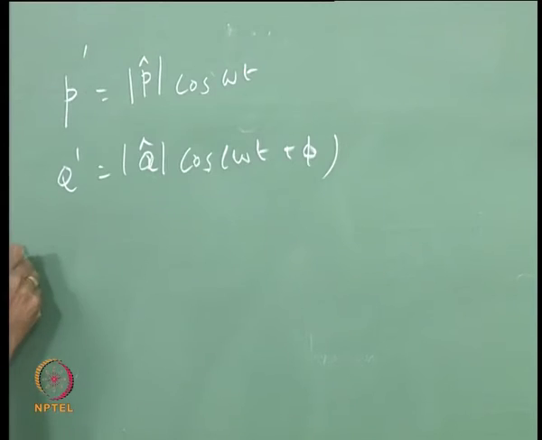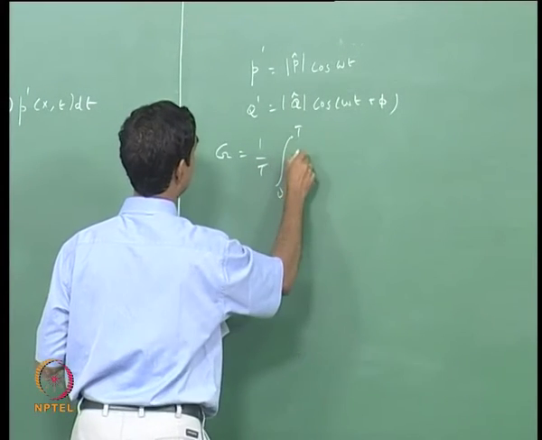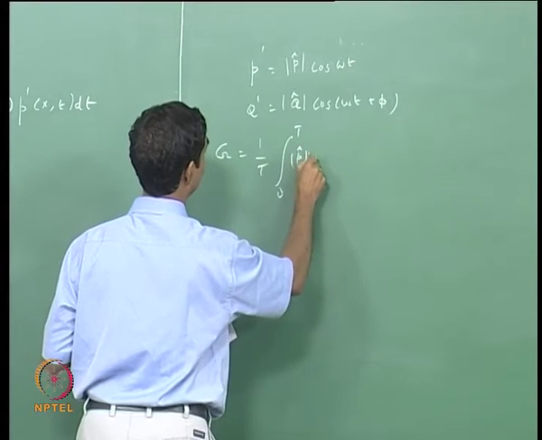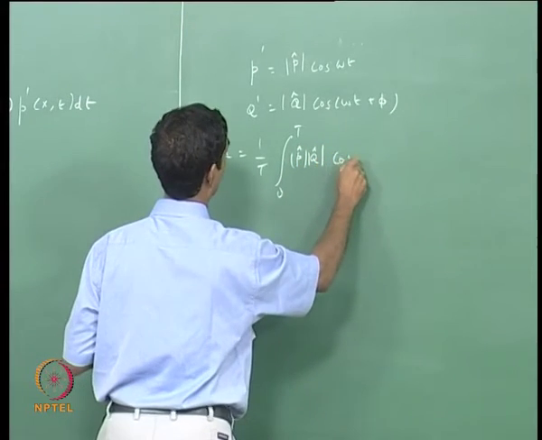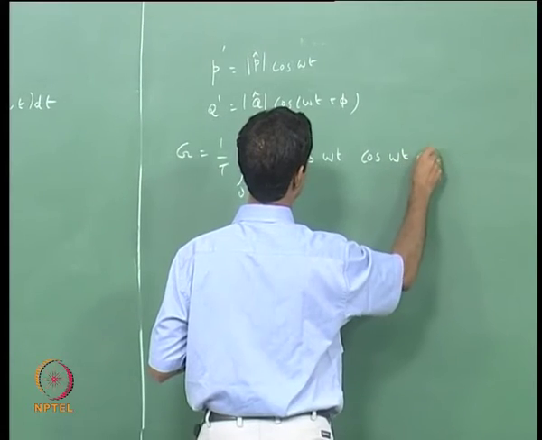So our G would be 1 over T integral 0 to T of P prime Q prime, cos omega t times cos omega t plus phi.